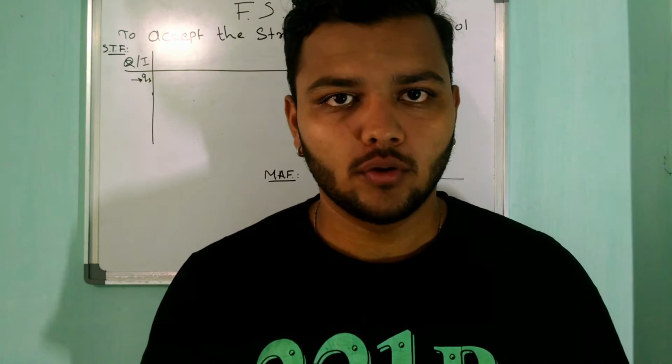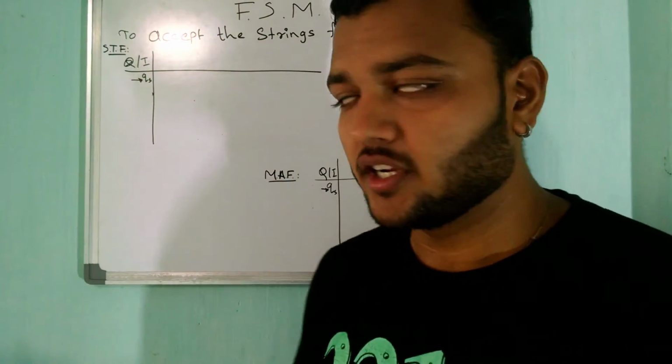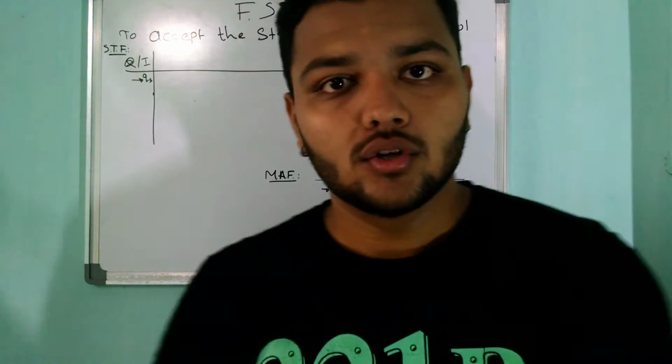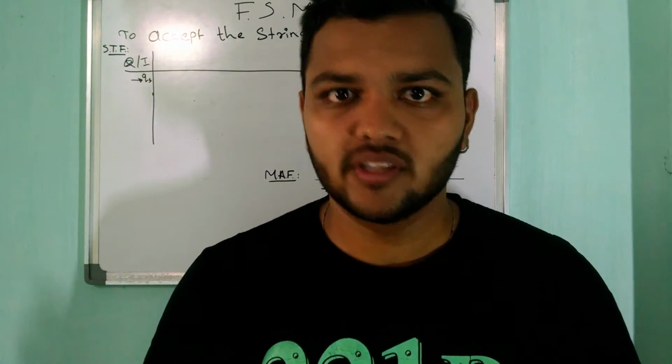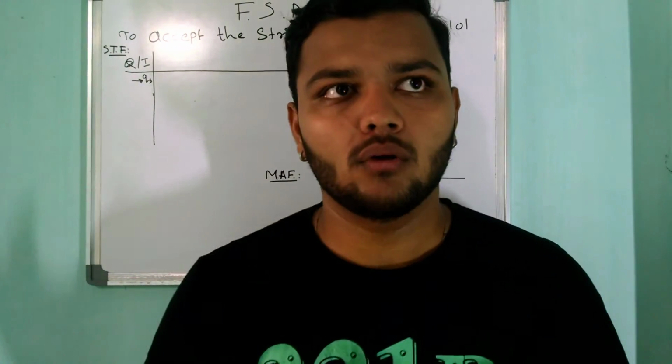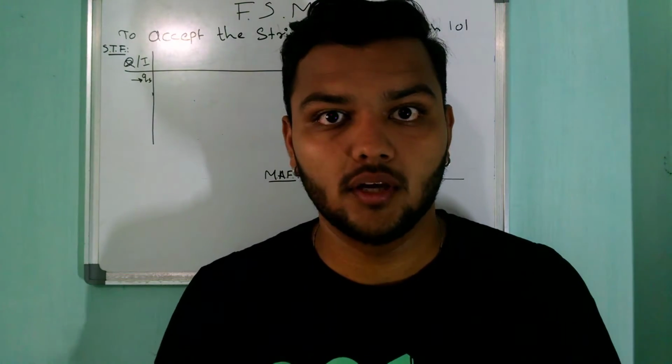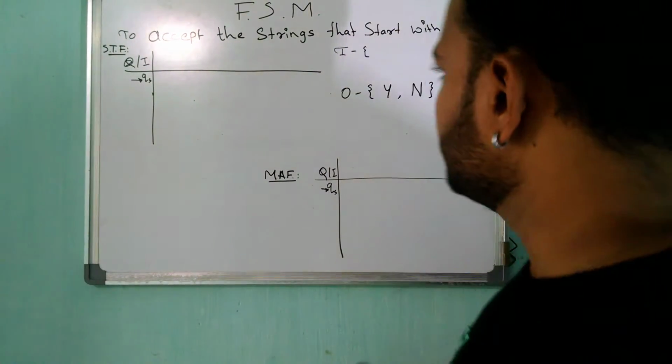Our first problem has a starts with statement: accept the strings that start with 101. We will accept only those strings that start with 101. Now what will be the input? We look at the string.